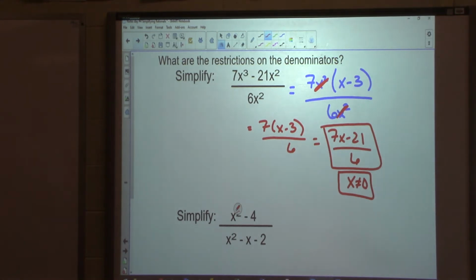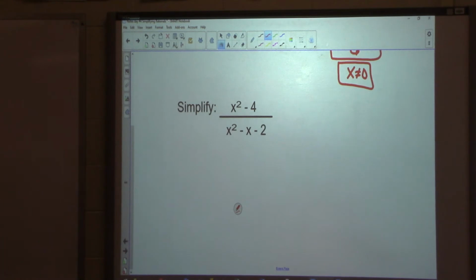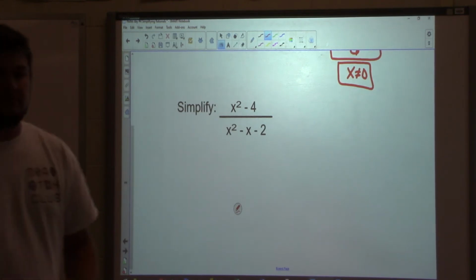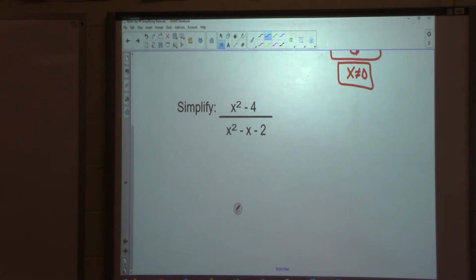Ask questions if you have them. X squared minus 4 is one whole term.